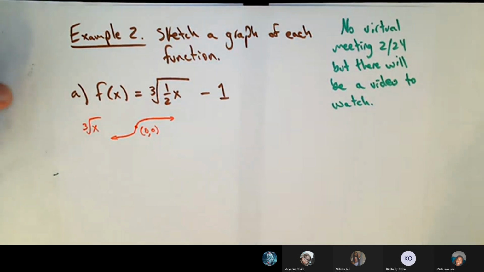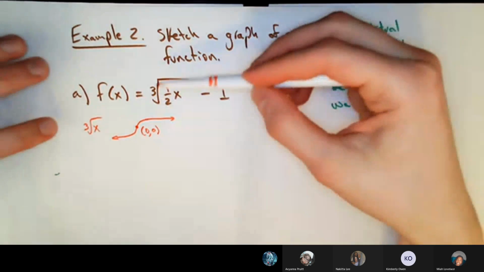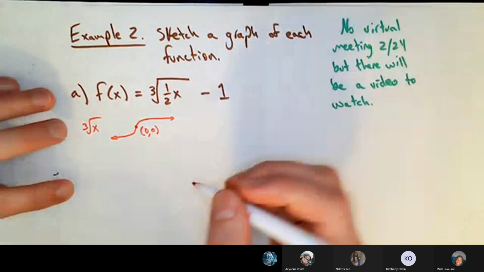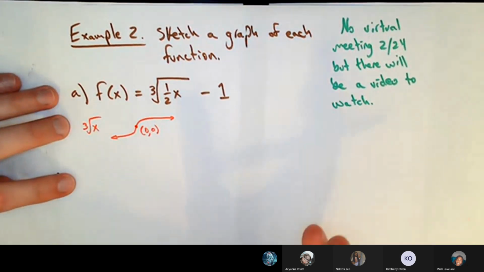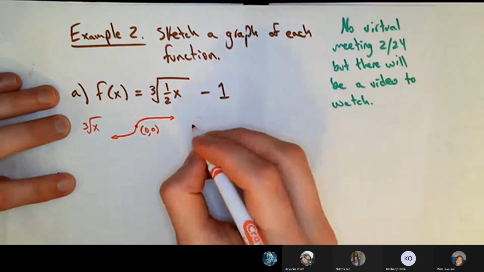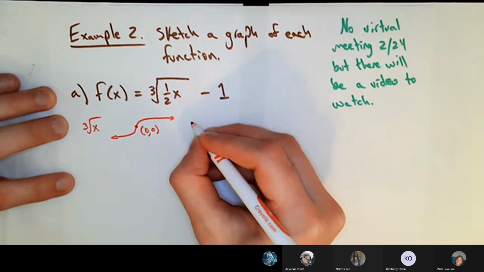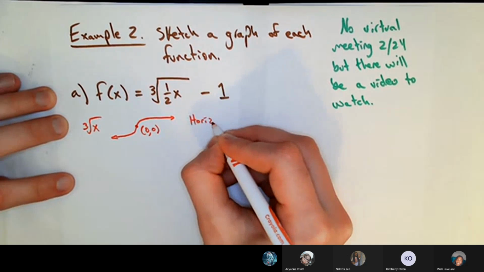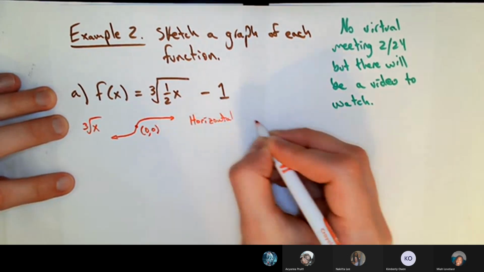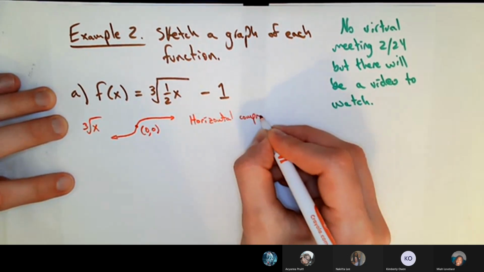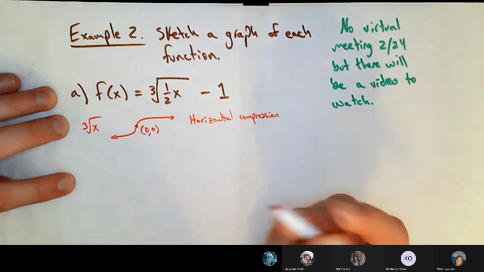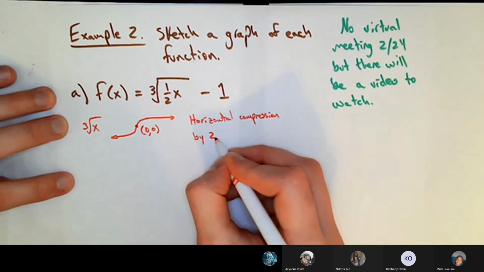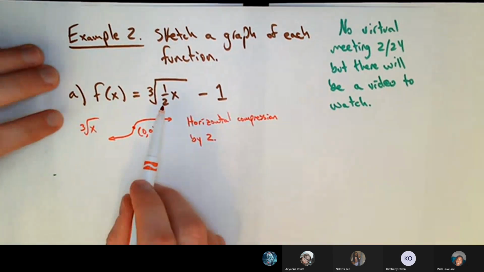Now, what have I got going on here? From the inside, I have a 1/2, so I know that's horizontal, and I have to remember, is that stretch or compression? Go check my notes, and it's a horizontal compression. So horizontal compression by 2, or I could also say by 1/2, but I'll say by 2 because of the 2 in the denominator.